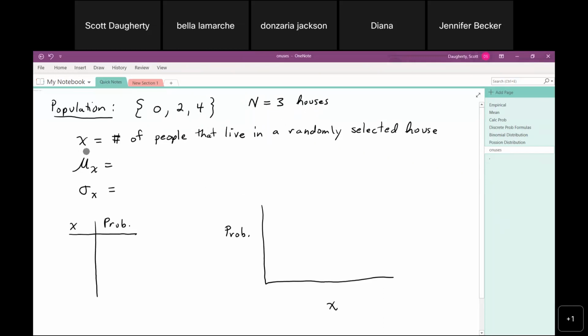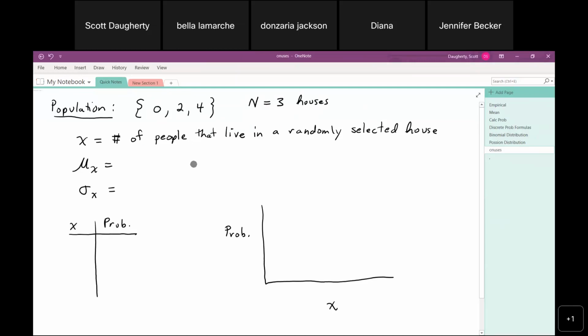Then we're going to define this random variable, X. We usually use X for a random variable, to be the number of people that live in a randomly selected house. So we're going to randomly pick one of these houses. You might put a piece of paper in a hat, shake it up, and pick out one of these numbers, 0, 2, or 4.